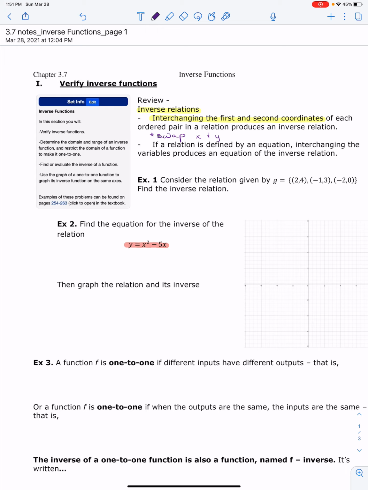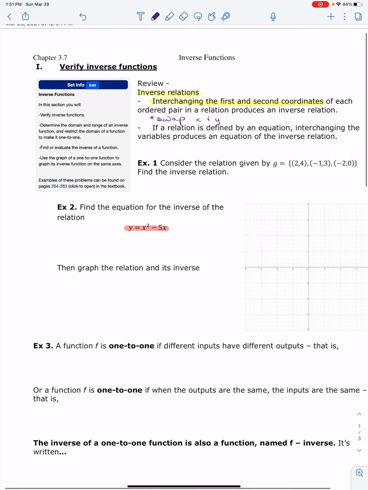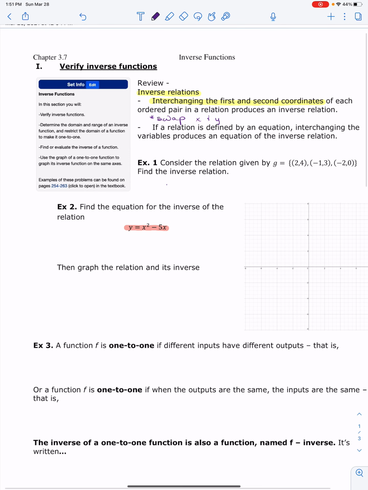We've got a relation given by G. It's the set of 3 ordered pairs. We want to find the inverse relation. So it's an inverse, so G to the negative 1, G inverse. And it's still going to contain 3 ordered pairs.